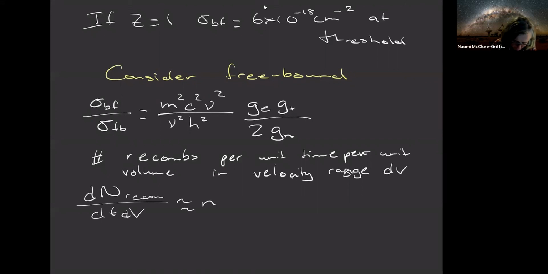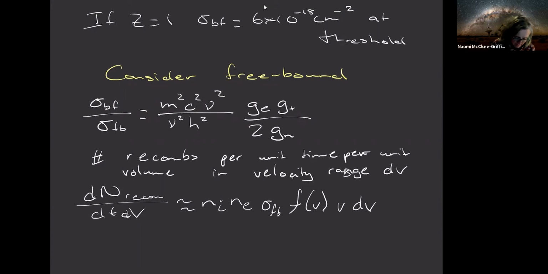So that's dN, the number of recombinations, over dt dV, per unit time per unit volume, is on the order of the density of the ionized gas, the ion density to the electron density, I should say, which may be equal, times the free-bound cross-section times a Maxwellian distribution of velocities times the velocity dV.